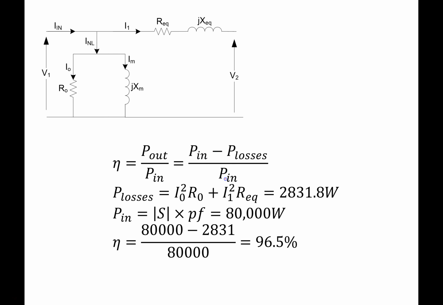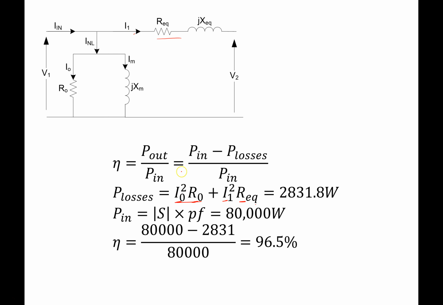And last, we want to find the efficiency, which is P out on P in, and that is the same as P in minus P losses on P in. The losses are I0 squared by R0 and I1 squared by R equivalent, and we have I0, which was supplied in the question. We worked out R0, we worked out R equivalent, we worked out I1.